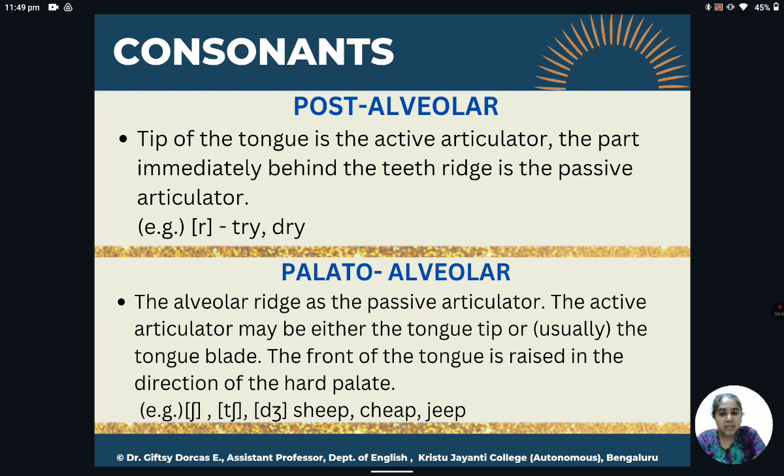Palato-alveolar sounds are produced with the alveolar ridge as the passive articulator and the active articulator is either the tongue tip or the tongue blade, and the front of the tongue is raised in the direction of the hard palate. The sounds sh as in sheep, ch as in cheap, j as in jeep. So sh, ch, j are palato-alveolar sounds.